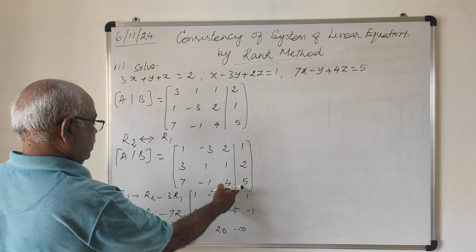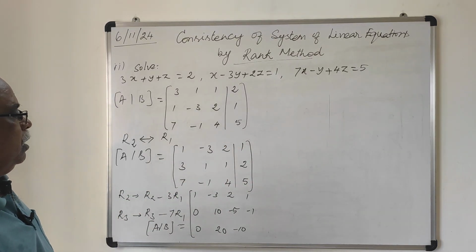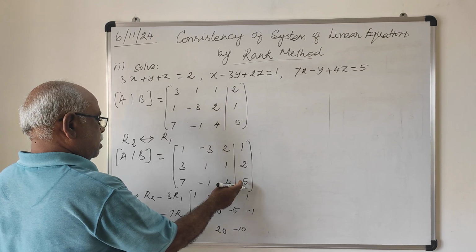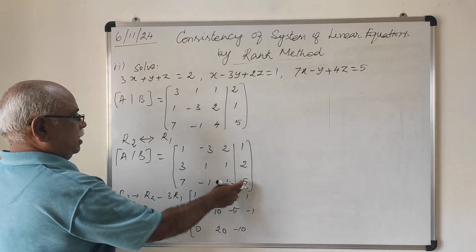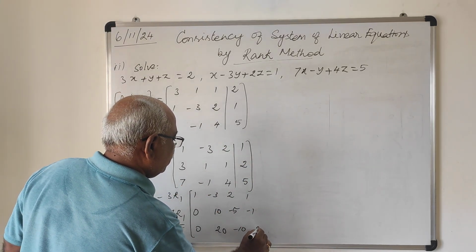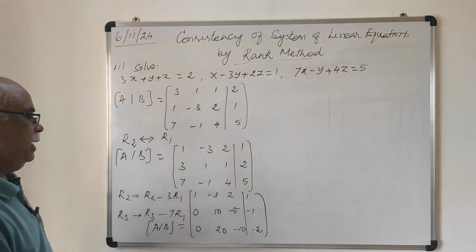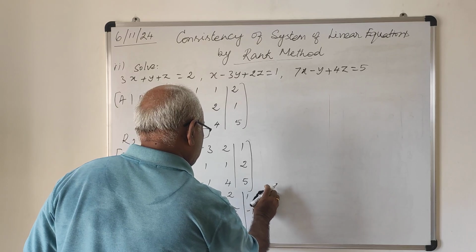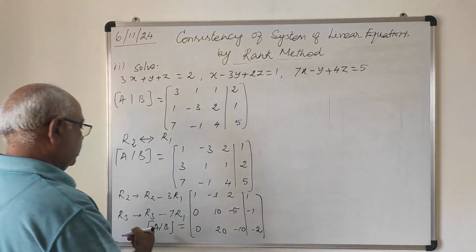And R3 is 5 minus 7, 5 minus 7 is minus 2. After giving this operation in the second and third rows, you will get the augmented matrix of the form.